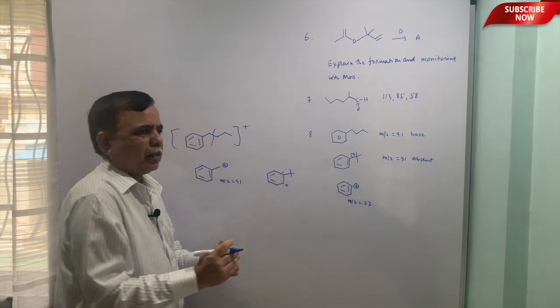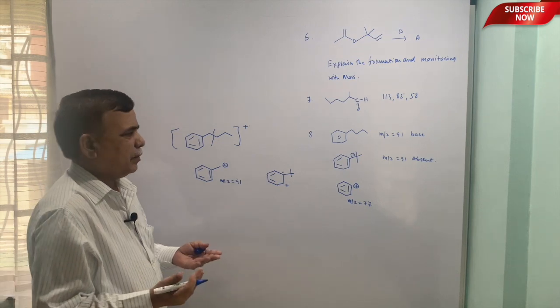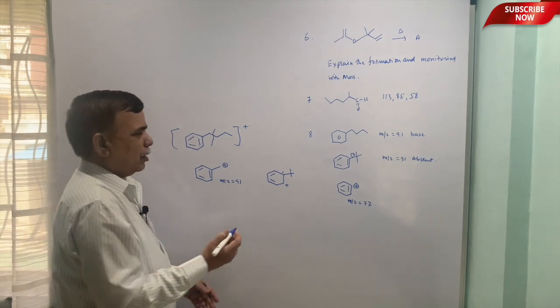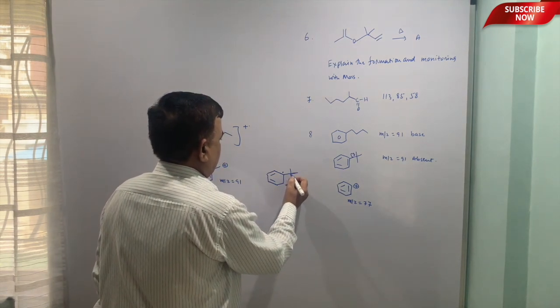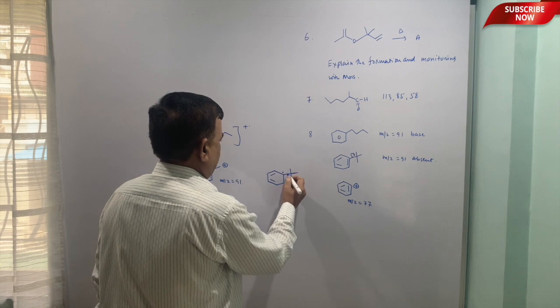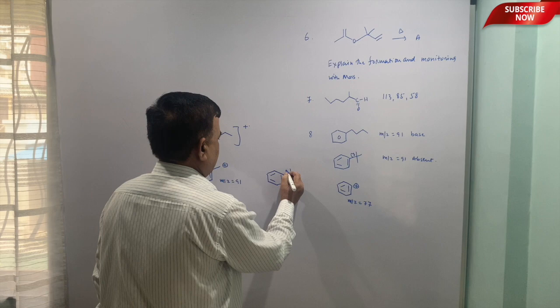So let us say we are exciting the pi electron, we are removing the pi electron, and then naturally the easiest thing is you show the heterolytic cleavage, that's all.